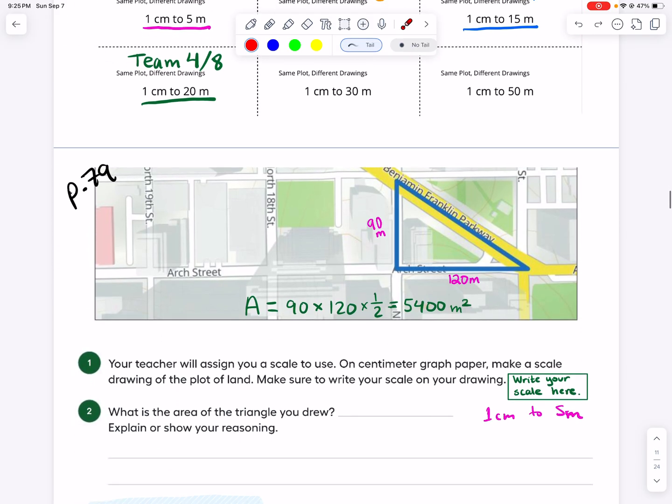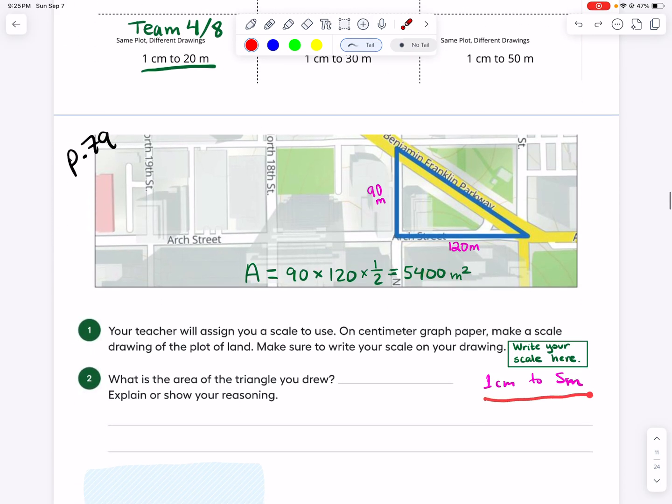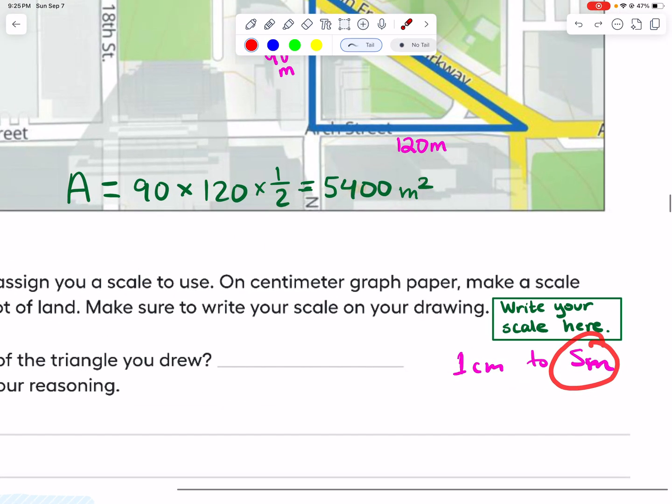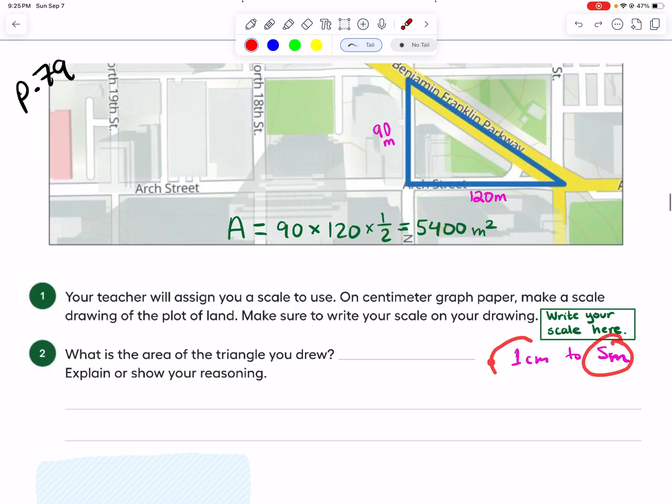So let's say that I got 1 centimeter to 5 meters. I need to make a scale drawing of this. For every 5 meters, I should have 1 centimeter.